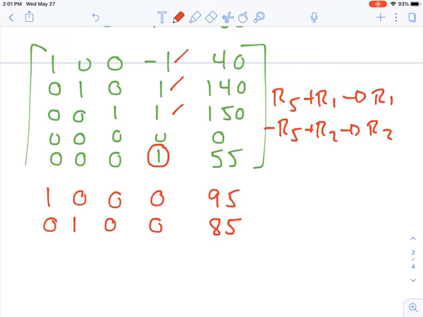And now we want to do negative row 5 plus row 3, which replaces row 3. And so we will have 0, 0, 1, 0, and negative 55 plus 150 would be 95.